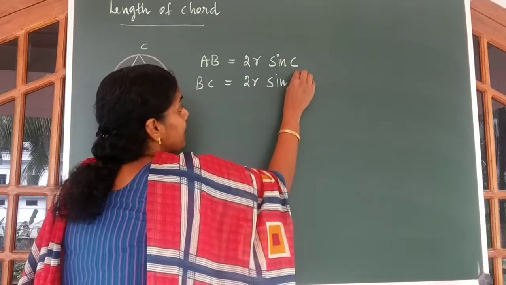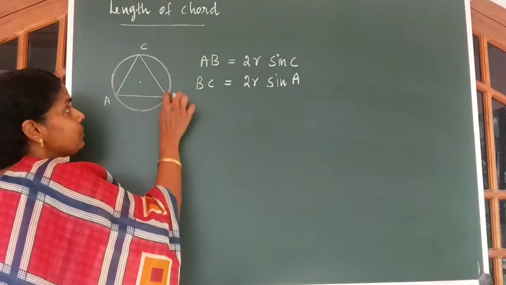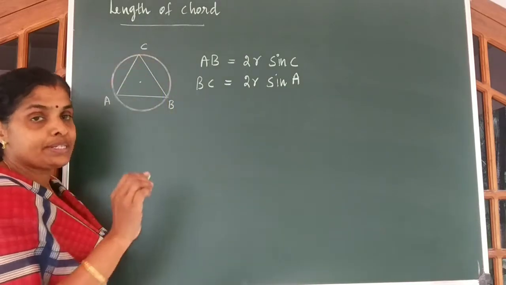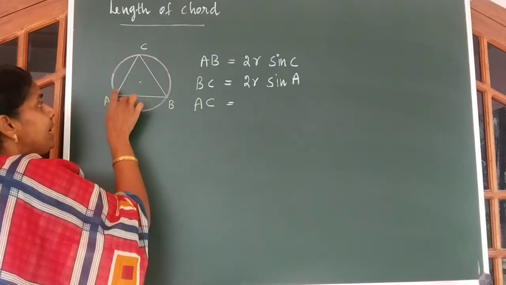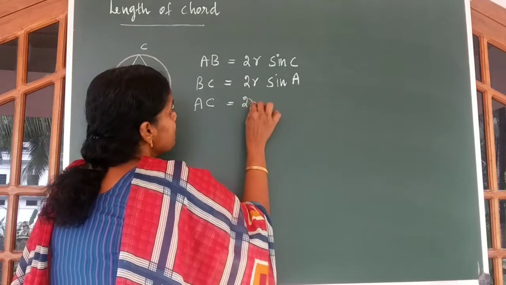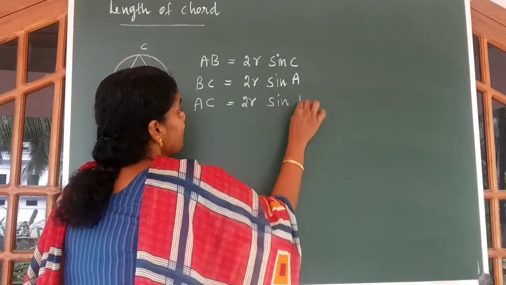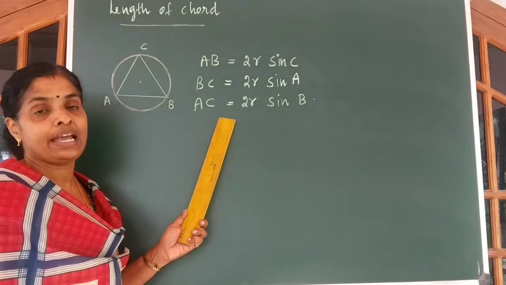That is A. So you can use this formula to find the length of BC. Also, to find the length of AC, we use the formula 2r sine B. You have to remember these three formulas, they are important.